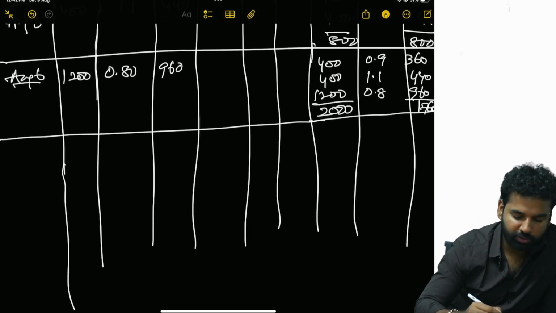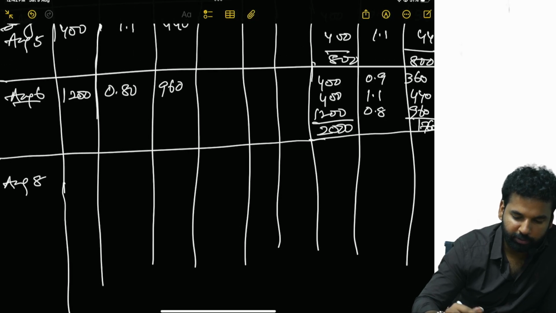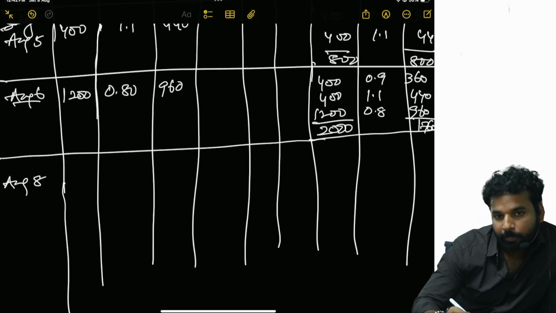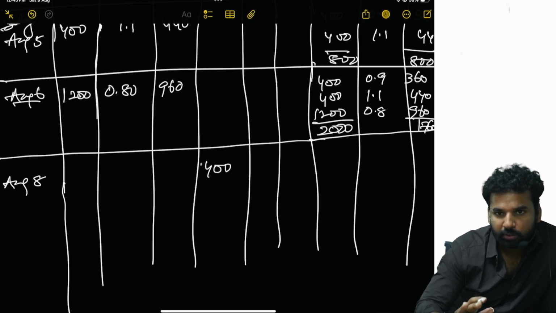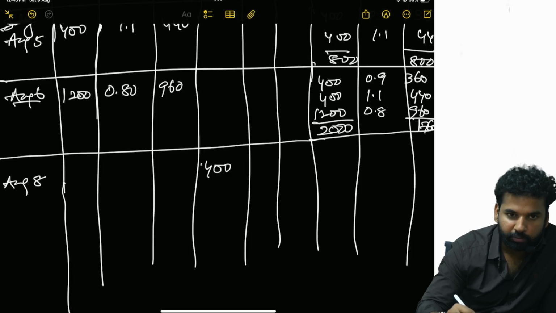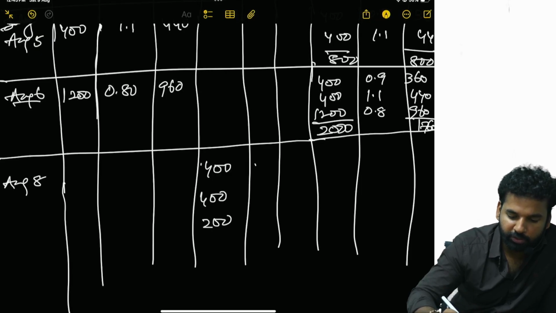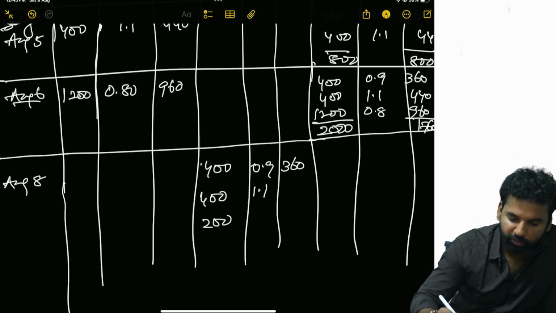Next, August 8th, issue of how many? 1000 in total. Three issues. 200, so 400 will be 0.9, 360. 400 will be 1.1, 440. 200 will be 0.8, 160.